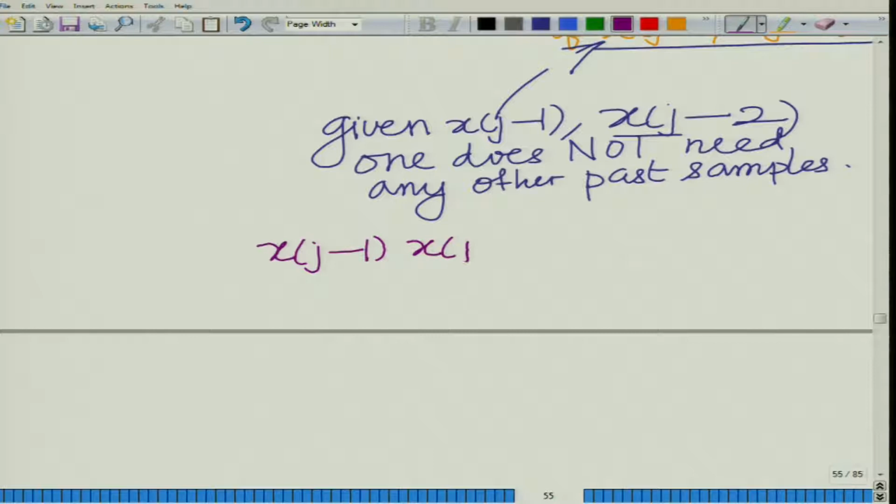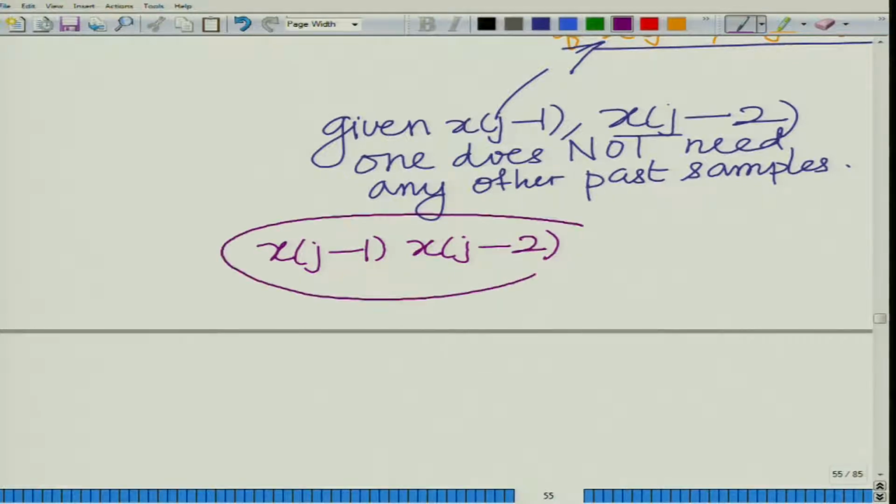This quantity, if you view this as a collection of 2 bits, represents the state of the encoder.